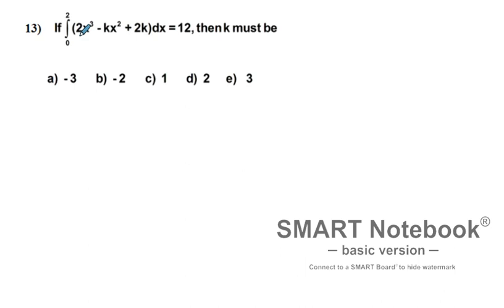The integral of 2x cubed is going to be 2x to the 4th power divided by 4, plus, I'm going to say minus k, then we're going to have x to the 3rd power divided by 3, and then we're going to have plus 2kx.